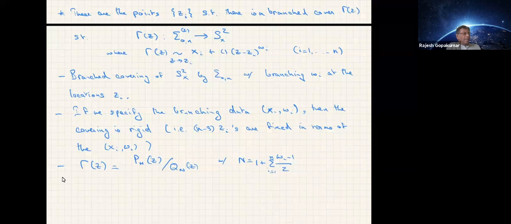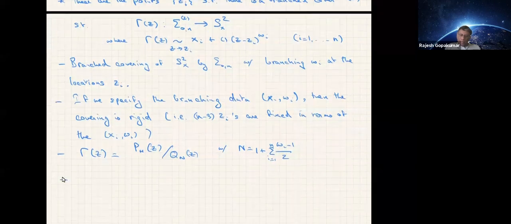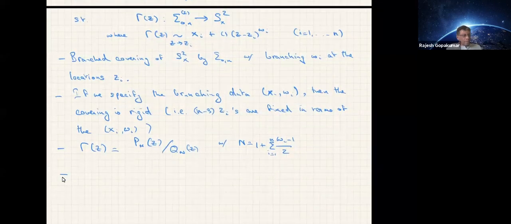So what we will see is that the moduli, that the worldsheet correlator is localized to a discrete set of points.